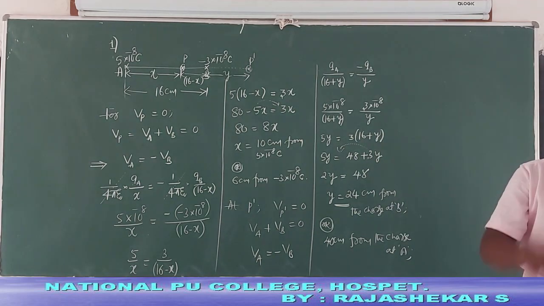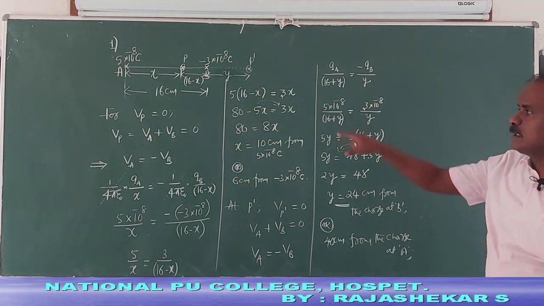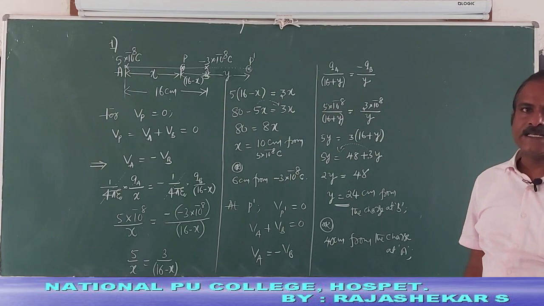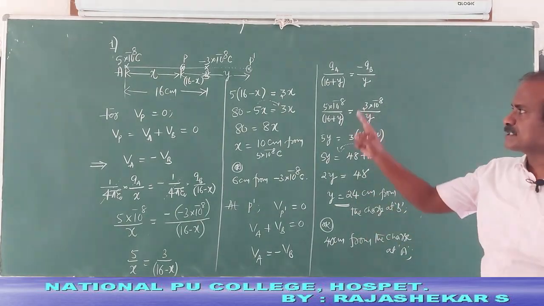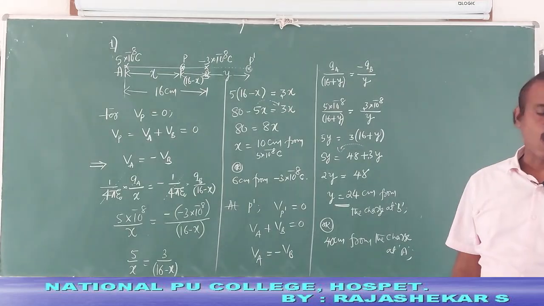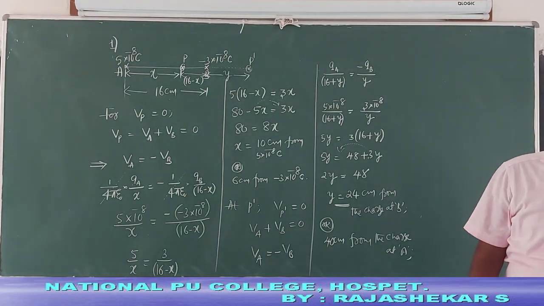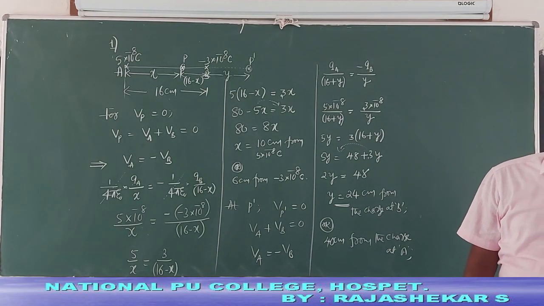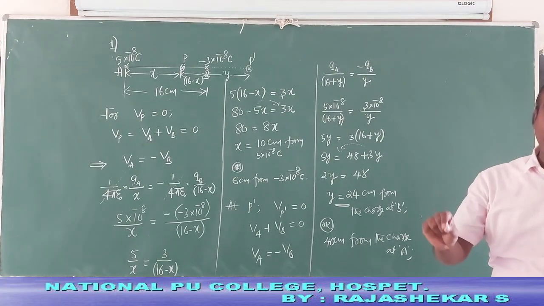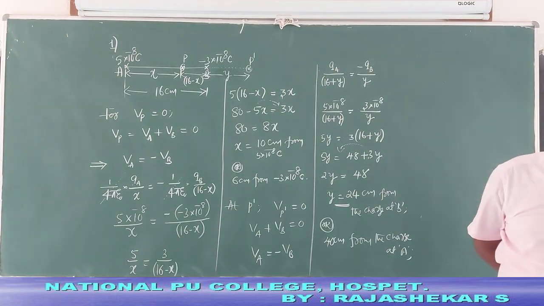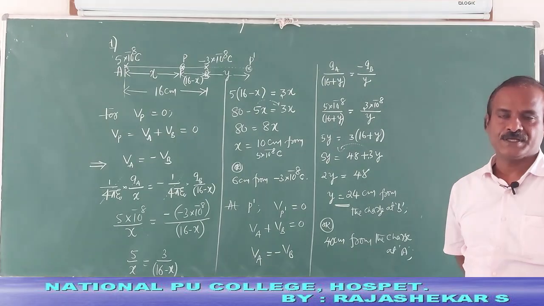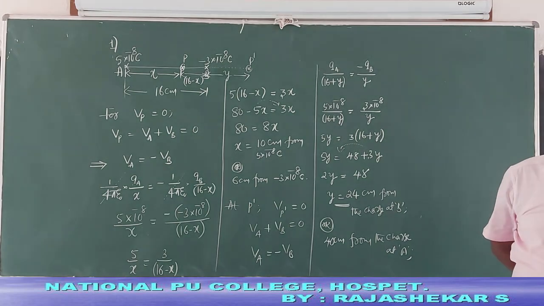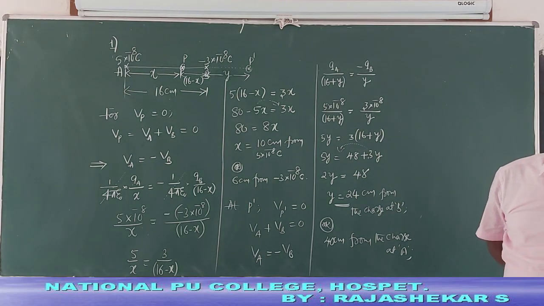You read the question carefully and follow the steps written. They are given 2 point charges separated by some distance, that is 16 centimeter, and you are asked to locate the points where potential is 0. At what points on the line joining the two charges is electric potential 0?